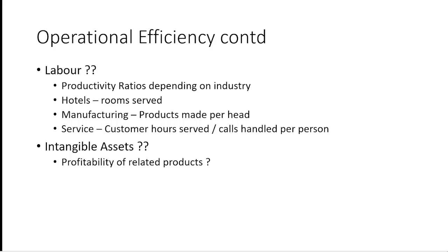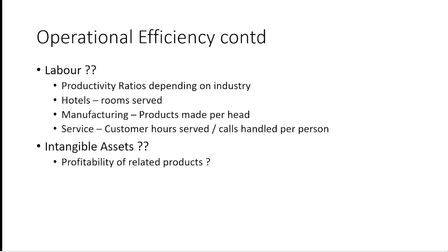So that's why normally we consider productivity ratios, as an example, to calculate whether the labor force is efficient or not. So how do we do that? There are productivity ratios depending on the industry. For example, in hotels, for housekeeping staff, we say how many rooms they clean per day. That's one productivity measure, right?